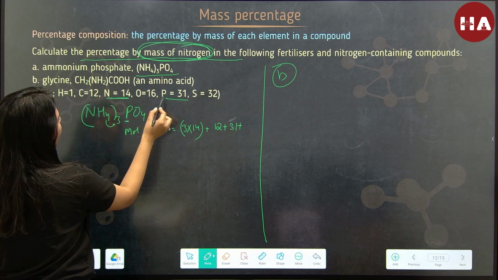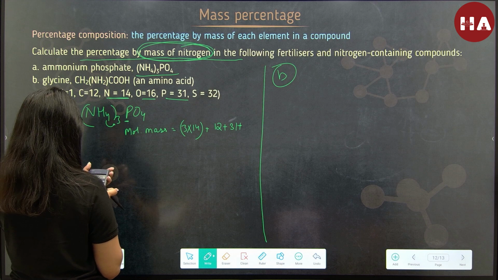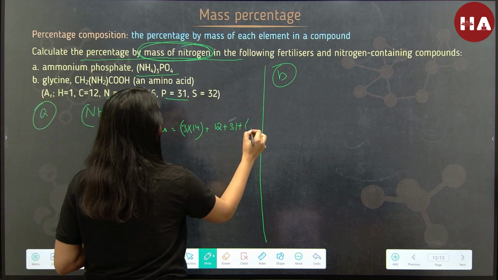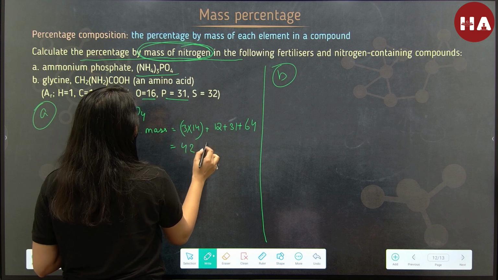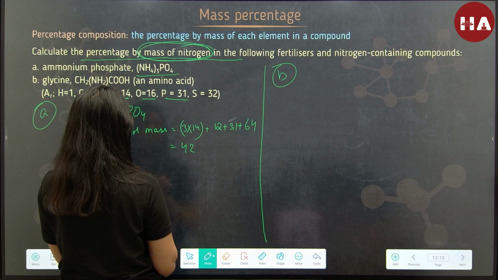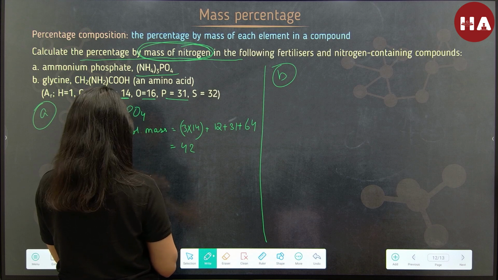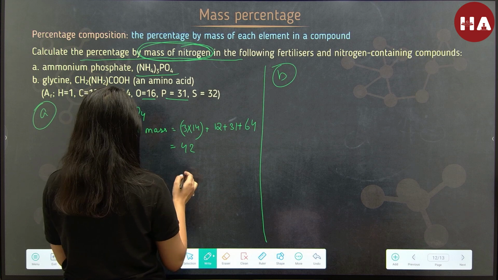So 4 times oxygen, which is 16, is equal to 64. Now we'll simply calculate this: 42 plus 12 plus 31 plus 64, and that will give you 149.